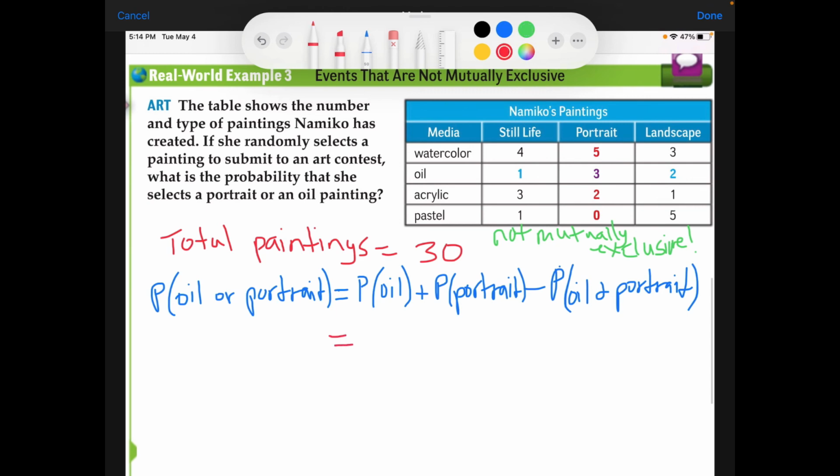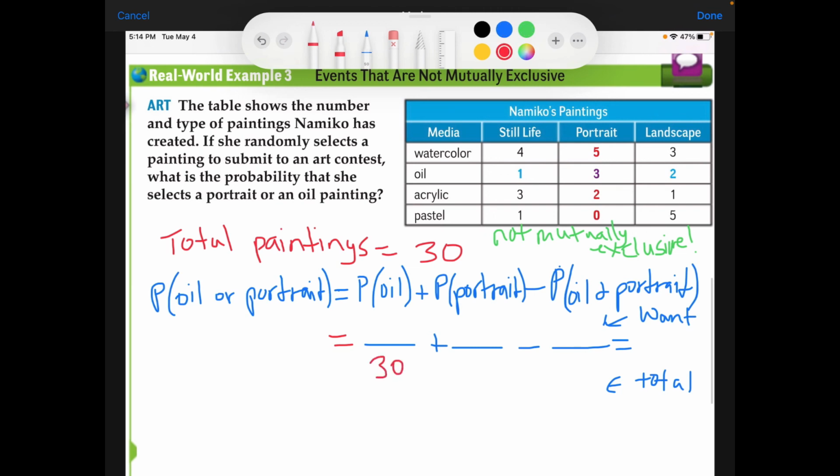Okay, so let's find the probability of getting an oil painting. Well, remember, we always put the total at the bottom. Okay, so we're going to put the total at the bottom and what we're wanting at the top. So there are 30 paintings in total.